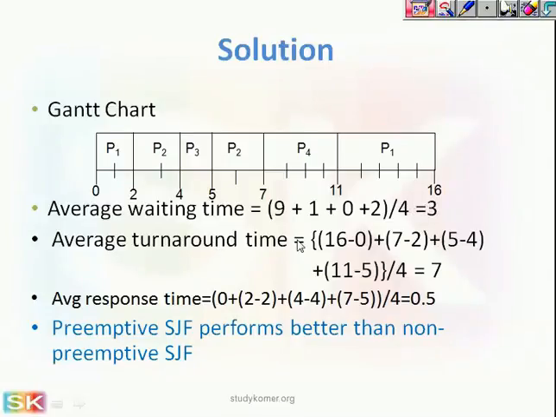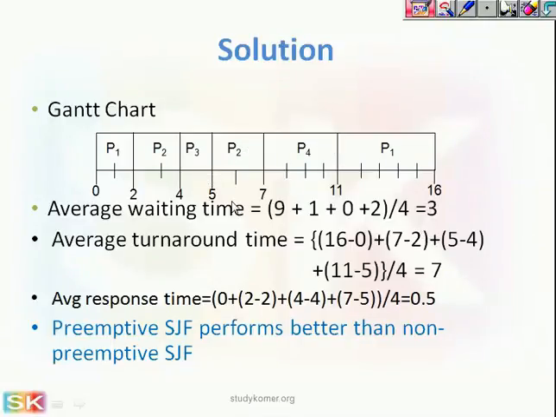Average turnaround time: process P1 was completed at time 16 and submitted at time 0, so 16 minus 0. P2 was completed at time 7, submitted at time 2, so 7 minus 2 is the turnaround time of P2.